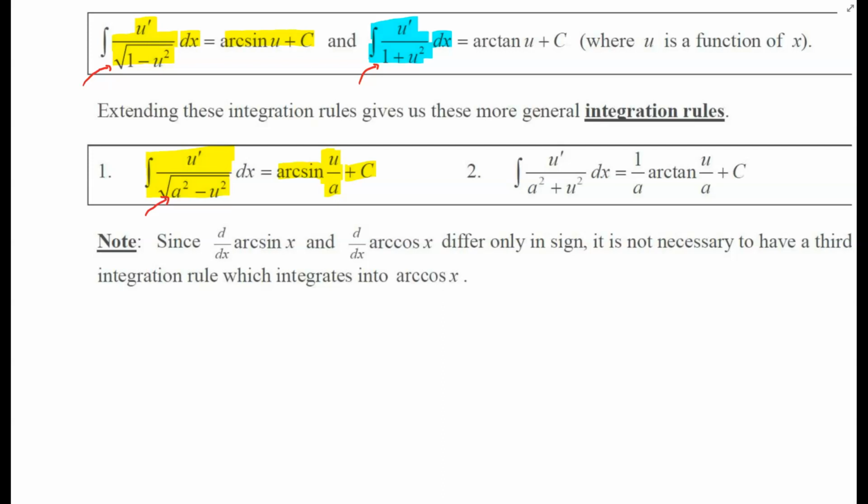All right, and then I have the same idea here. If I have an integrand where I have u prime over a squared plus u squared dx, where again, I don't have a nice clean 1 in front of the a, I have some other number or value, our solution is going to be 1 over a, so I divide by that a value, times arctan of u over a plus c.